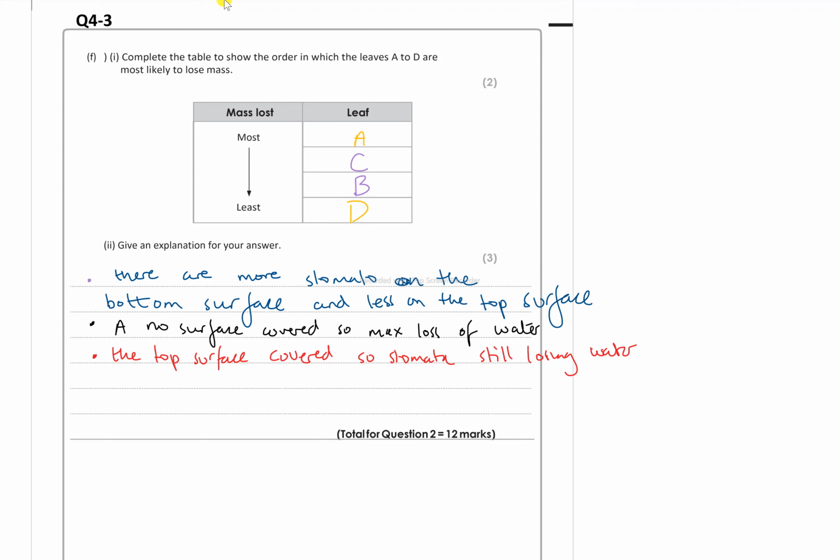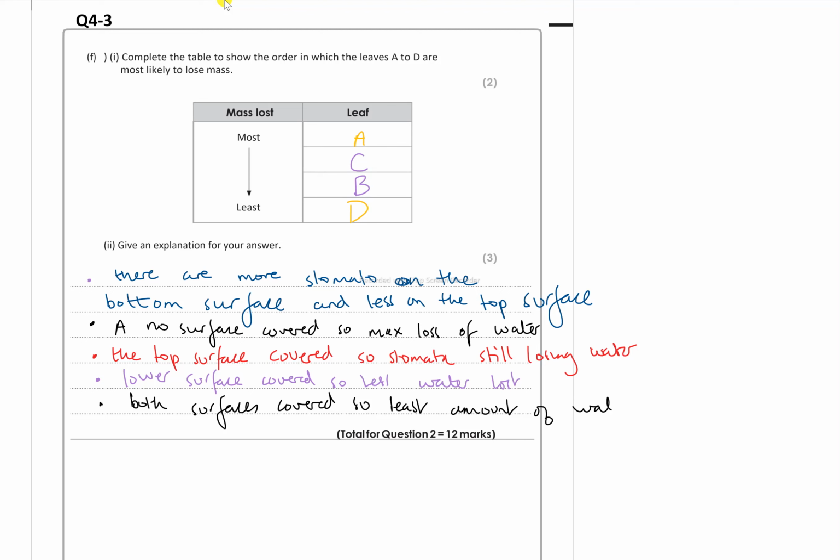Right, then you can say lower surface covered, so less water lost. And the last one is both surfaces covered, so least amount of water lost.